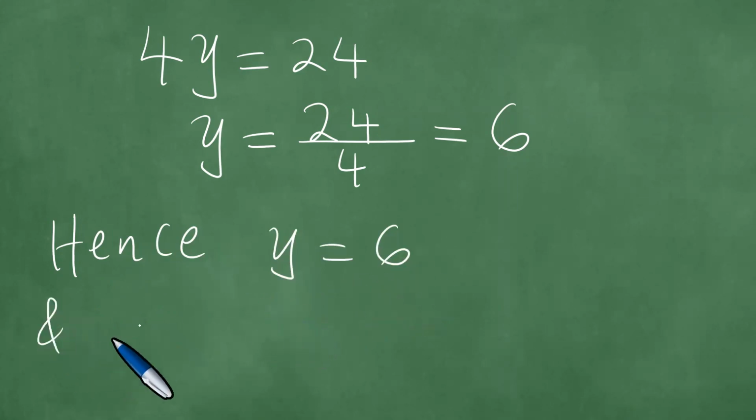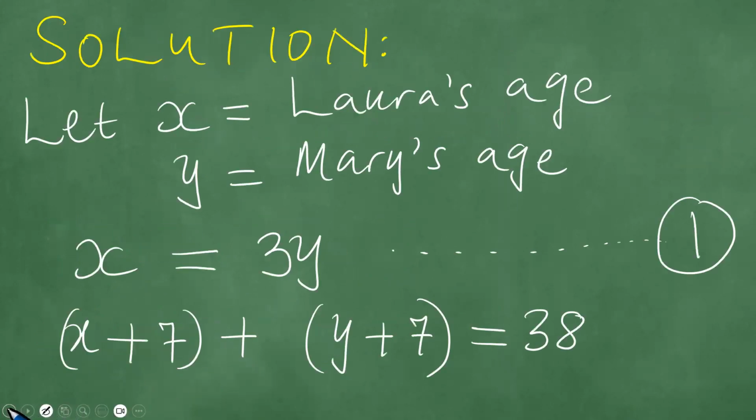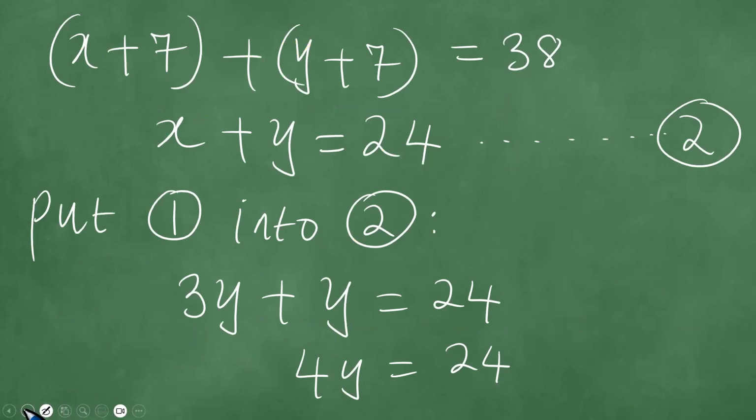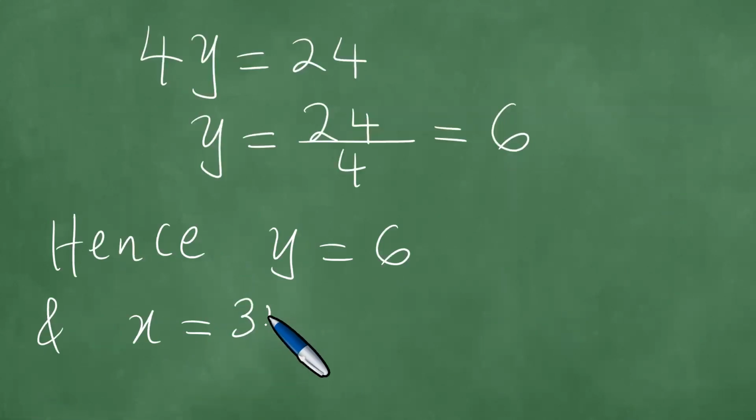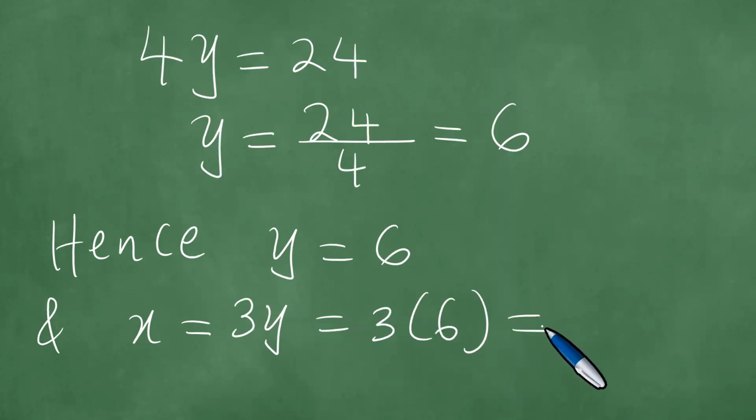And x, we remember x. Right, x is 3y. X equals 3y in the first equation. So now we remember this and we put 3 times y, which is 18, like this.